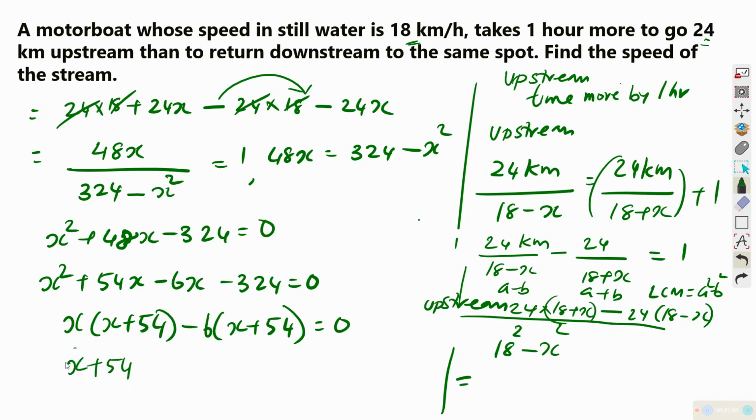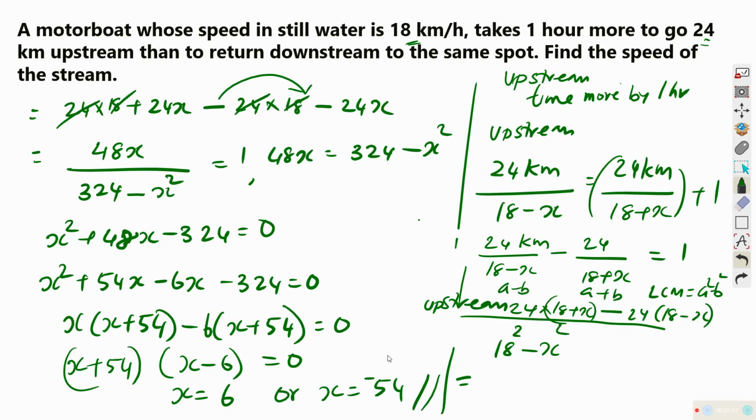In that case x plus 54 means x is minus 54, which is not possible as it is the case of stream speed. So the answer will be 6 km/h like earlier. So this way we could solve the sum using linear equation in two variables. This kind of beautiful sums will come in the exam.